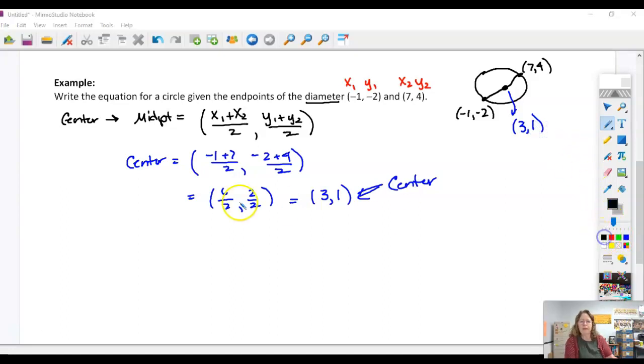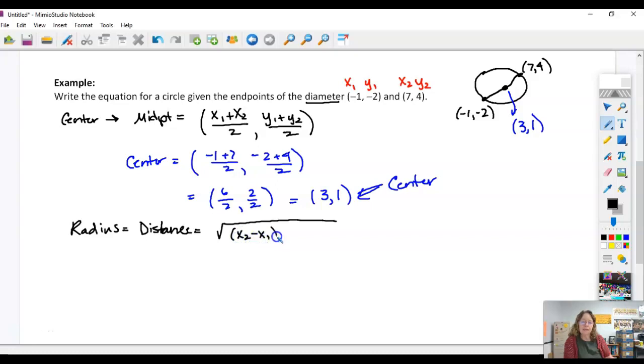All right, now we're ready to find the radius. And remember, the radius is the distance formula, that big old square root. You subtract the x's and square them, and then you subtract the y's and square them, based on the Pythagorean theorem.